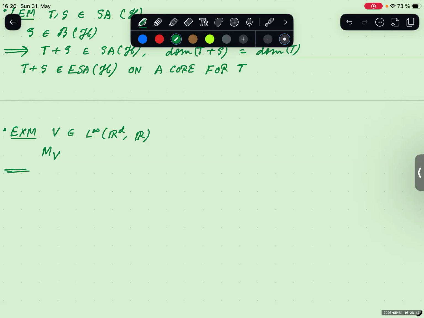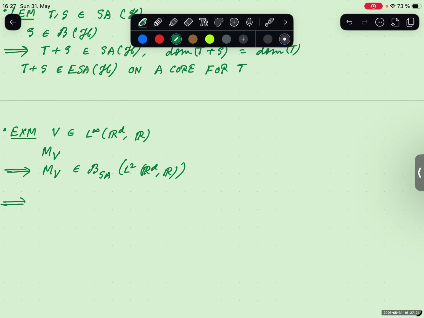Then from our earlier discussion, we know that M_V is a bounded self-adjoint operator on L2. Yeah, because we have proven these things actually today. Okay, now comes this lemma.